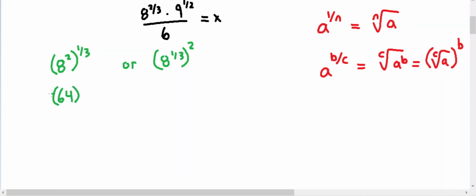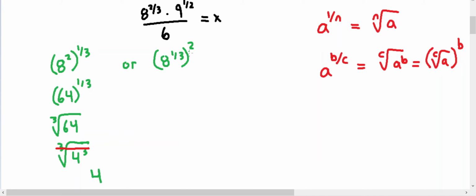And the 1/3 indicates that we're taking a cube root. So what number times itself 3 times will give you 64? That ends up being 4, because 4 cubed is 64. So these cancel out, and we get that 8 to the 2/3 is 4. But let's check that over here.